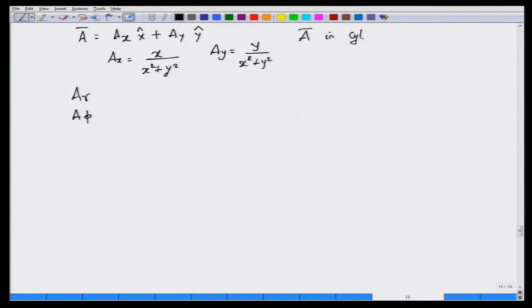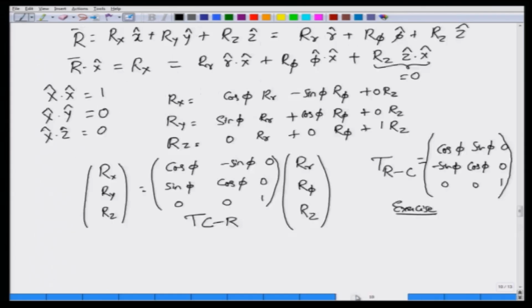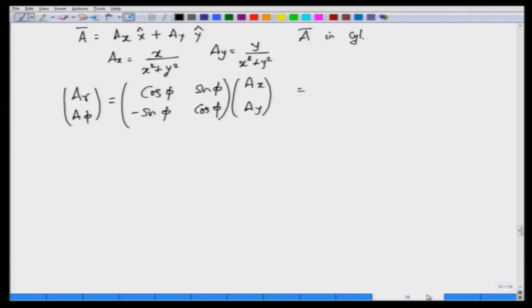Ar, A phi will be equal to, because there is no z component, I am not going to write down the z component, since there is no point in writing that down. This will be equal to cos phi, sin phi, minus sin phi, cos phi, times Ax, Ay. Hopefully, this is all right. So, let us go back to the matrix and check: cos phi, sin phi, minus sin phi and cos phi. So, we are on the right track. Now, substitute for Ax and Ay.